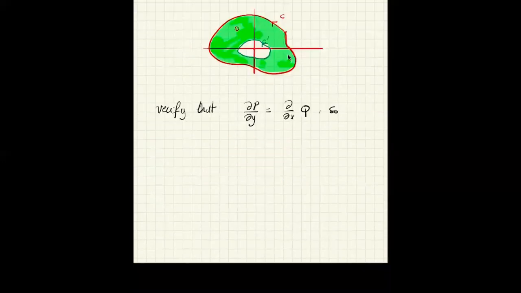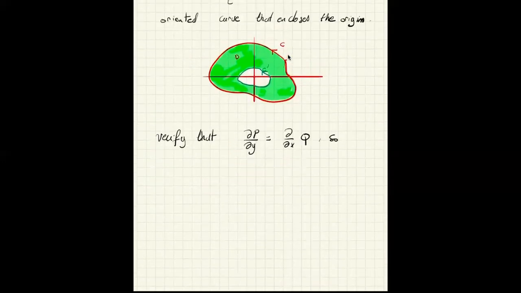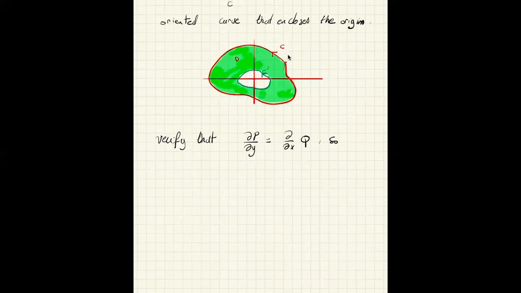So Green's theorem still applies. On one side, it's 0. But on the other side, you still apply Green's theorem on C plus, now it's minus C prime.